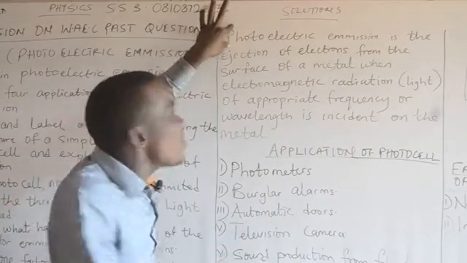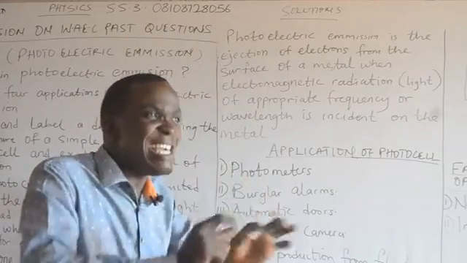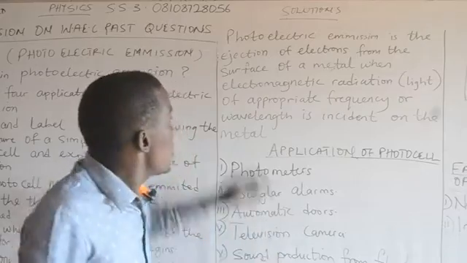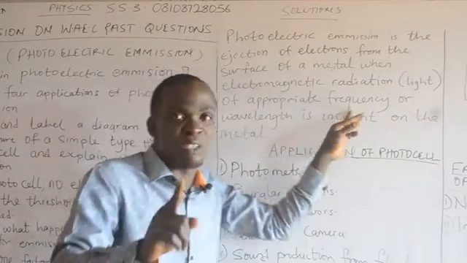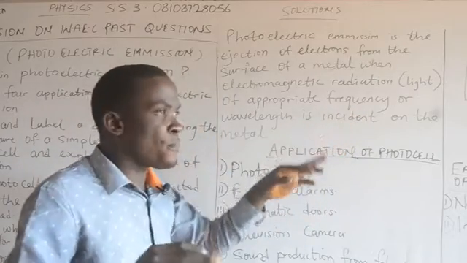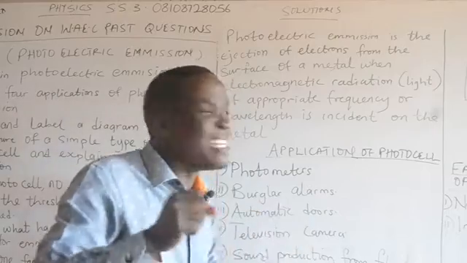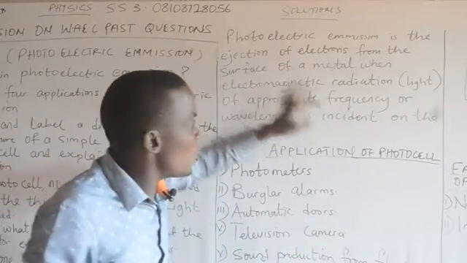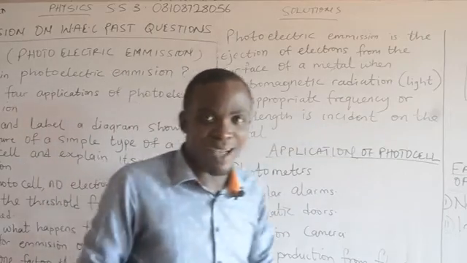The light, which is represented by photo. And you know that every particle of light is referred to as photons. Now, electromagnetic radiation, light of appropriate frequency. Please be very careful while defining this: the words appropriate frequency, or wavelength, are needed in this kind of definition, incident on the metal.